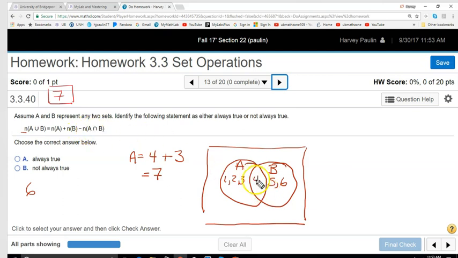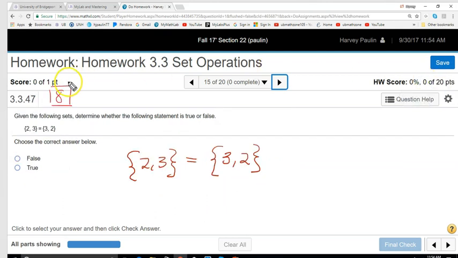Well, there's only one item intersecting, so this part will be a minus 1, and we end up with a 6 here. So what do you think? This is always going to be true, as long as we have intersection. And maybe others too. All right, let's go on.